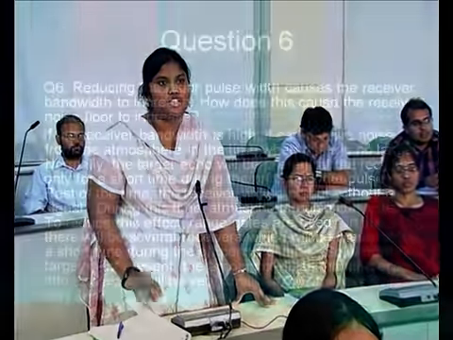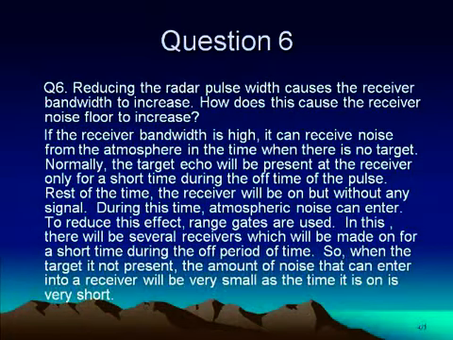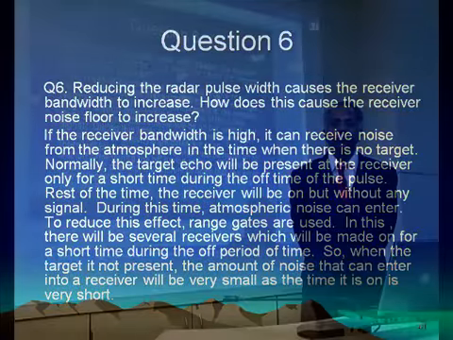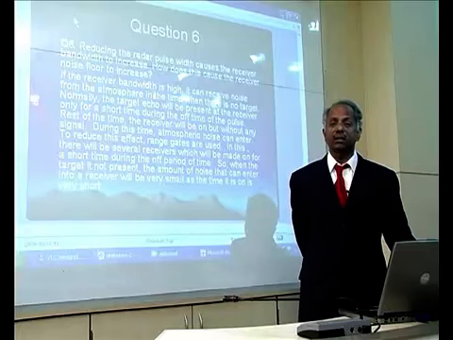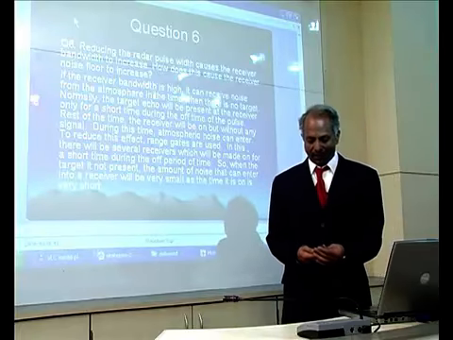Reducing the pulse width causes the receiver bandwidth to increase. How does this cause the receiver noise floor to increase? Yes, here we are going to see the radar system operation from the basics.